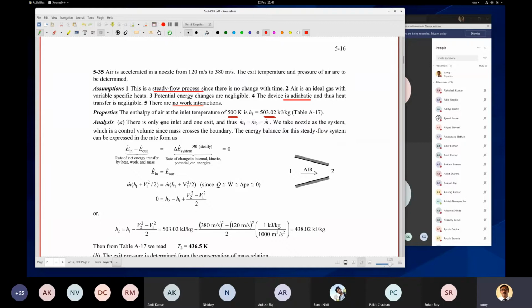So one inlet, one exit, and therefore the mass is the same. So we take the nozzle as our control volume. We take this control volume, right?